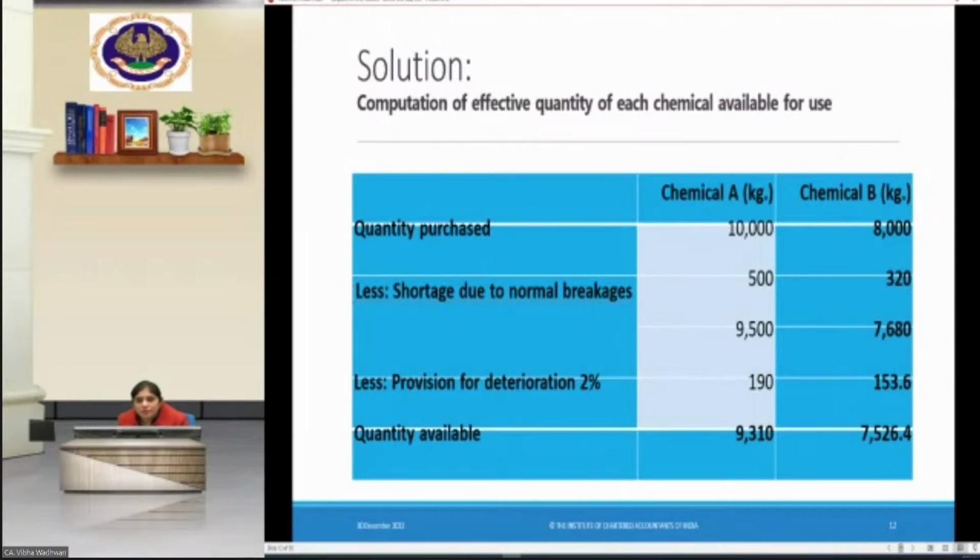Further deterioration means 2% should be calculated on 9,500 and not 10,000, because the 500 has to happen and then there is a provision for further deterioration. They are estimating that the material can further be wasted or there could be further shortage. So 2% further means 2% on 9,500, so 190 and 153 are the further 2% deterioration. The effective quantity we are left with is 9,310 kgs of A and 7,526 kgs of B.